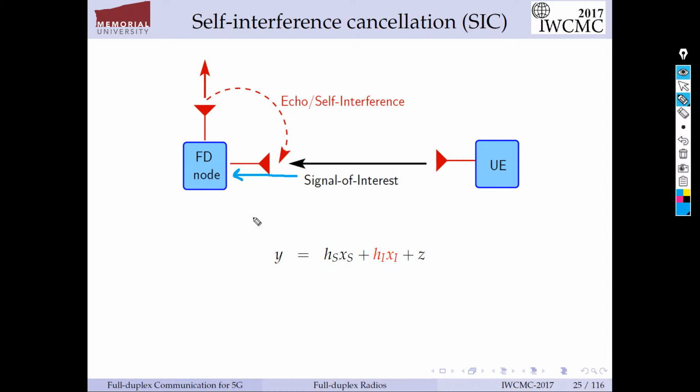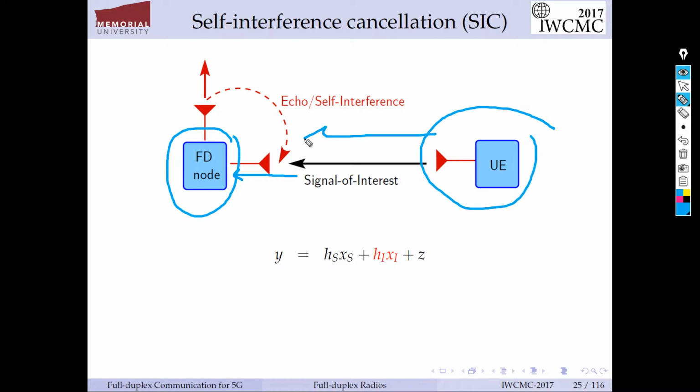Suppose this is the transmitter, the full duplex node, and this is the user equipment communicating simultaneously with your node, and you are receiving and at the same time you are transmitting. So the transmitted signal, since it comes back to the same device, gets mixed with the desired signal that you receive from the user equipment.